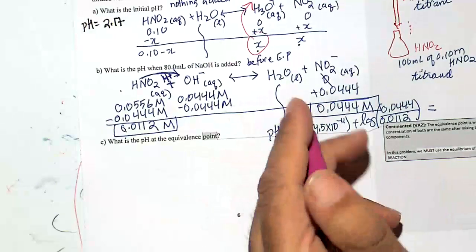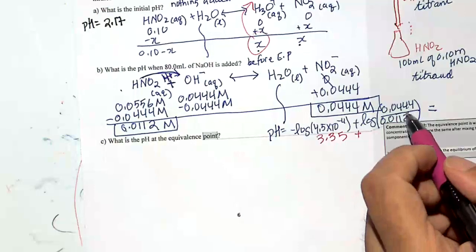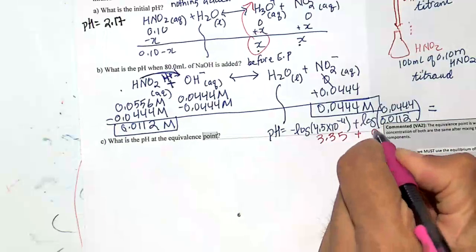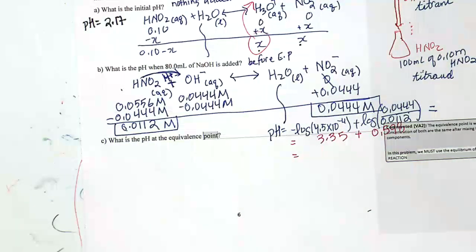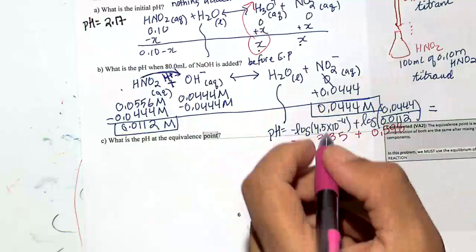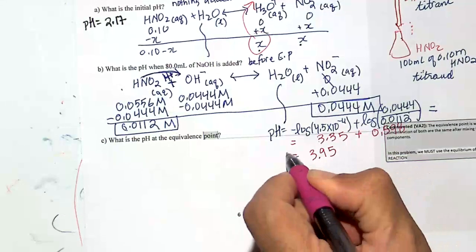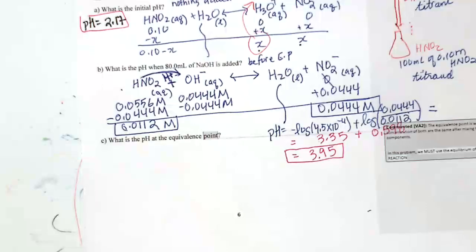So on my calculator, the pKa is 3.35 or so. 0.0444 divided by 0.0112, let's log that: 0.598. When I add this and this together, just check your calculator with mine for the test. I'm getting 3.95.